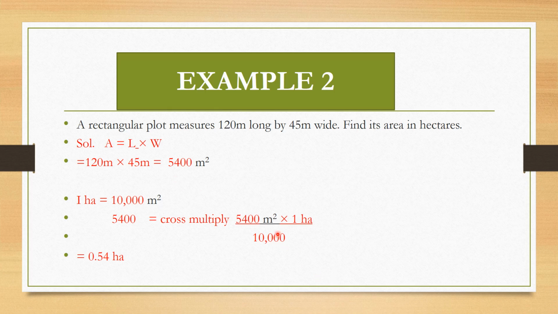So let's see how we can simplify it very fast. These 2 zeros will cancel with these 2 zeros here. It is now 54 over 100. Then this is hectares. 54 over 100 is 2 decimal places. You can just move 2 steps, that is 1, 2, and then you find out that your area in hectares is 0.54. That is the area in hectares. Very easy.